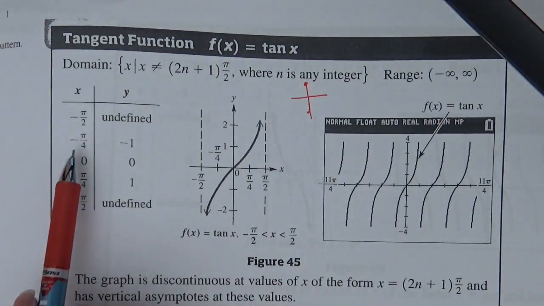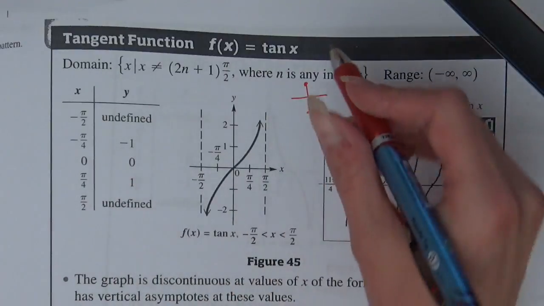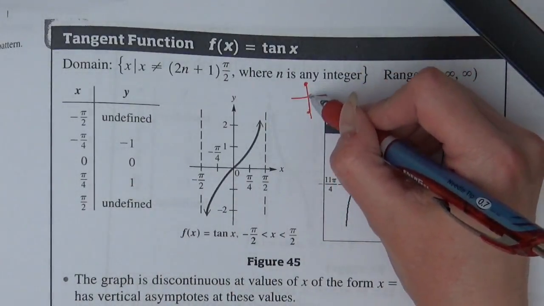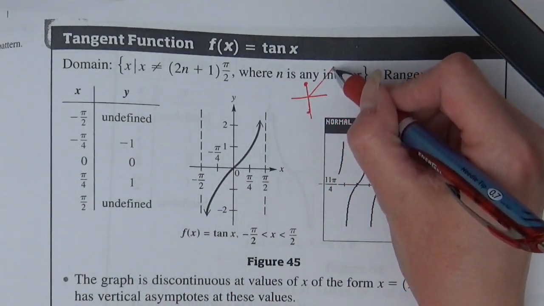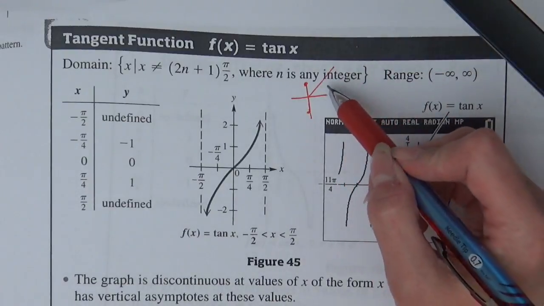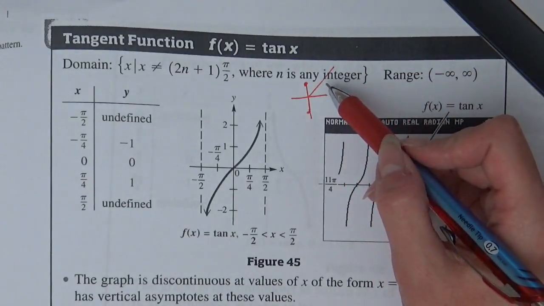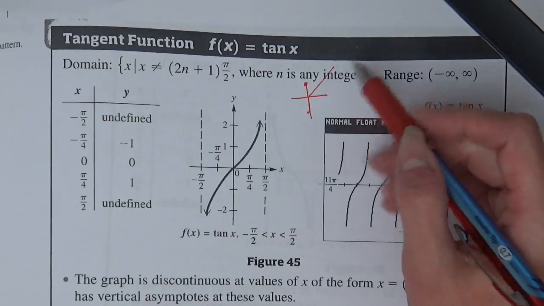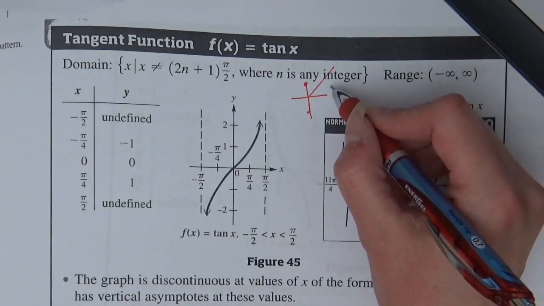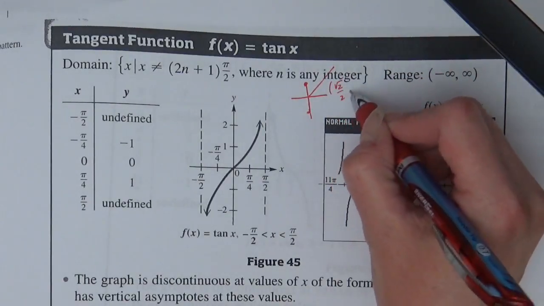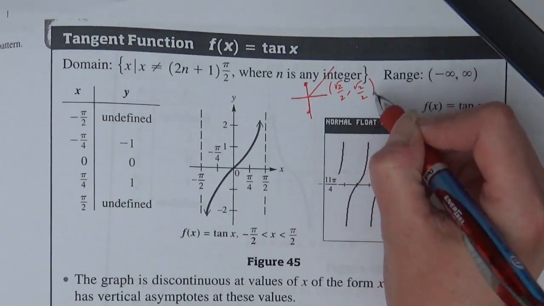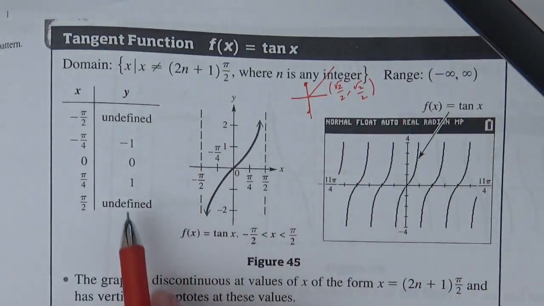Alright, now we've got negative pi over 4 and positive pi over 4. Where is that on our unit circle? Pi over 4 is actually a 45-degree angle right through here. And for the tangent of the 45-degree angle, we know that the ordered pair is square root 2 over 2, comma, square root 2 over 2. So y over x gives us a value of 1.